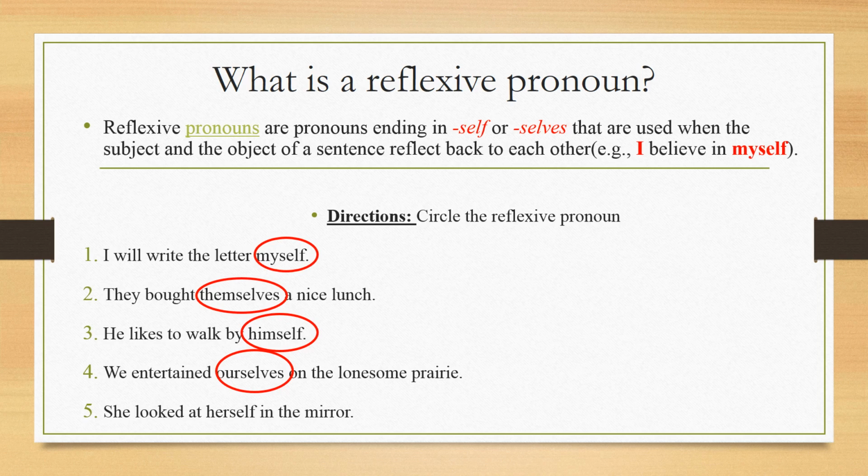Number 5. She looked at herself in the mirror. Herself is the reflexive pronoun and it reflects back to she. Notice how all the pronouns end in self or selves. This means that these are reflexive pronouns.